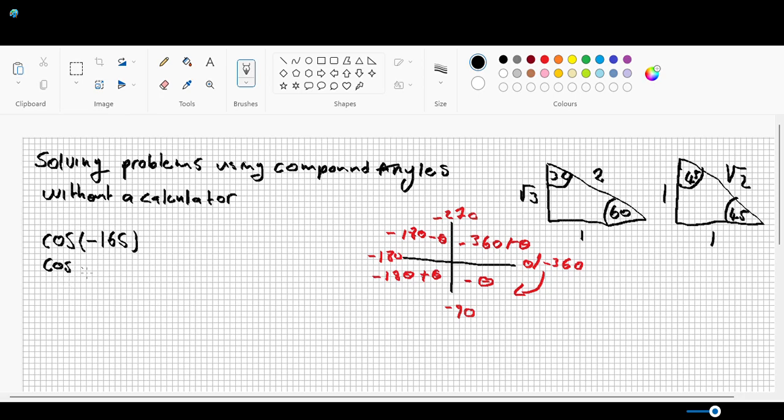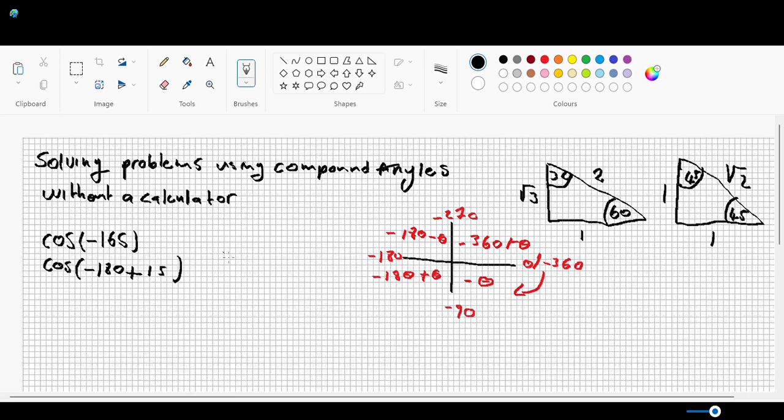So you can say cos, and then we say negative 180, and then how do we represent the third quadrant? We add it with theta, but now we're not going to use special angles. If you use special angles, you won't be able to get the answers. So rather use 15. If you say 180 plus 15, it will take you to 165.